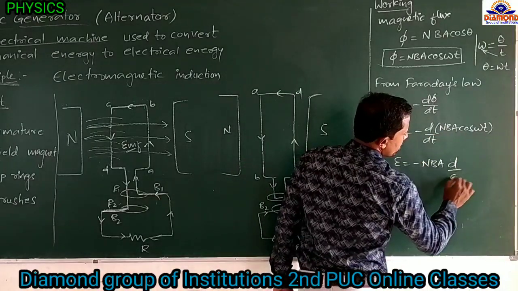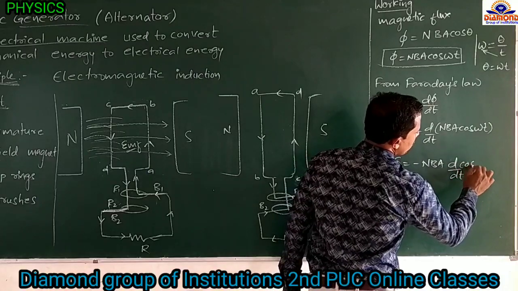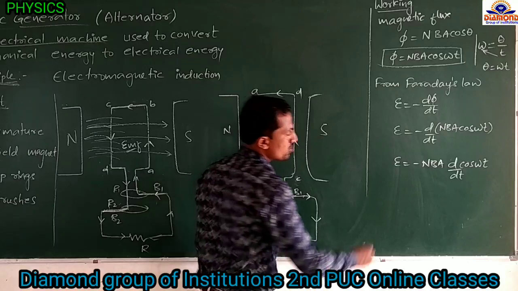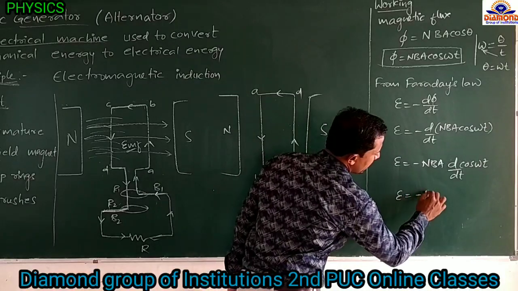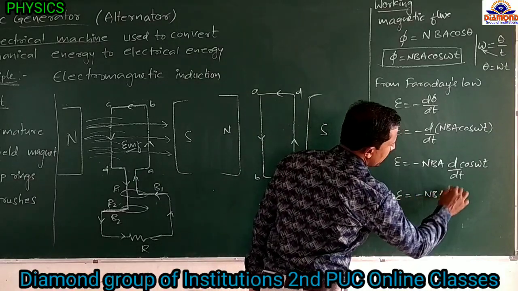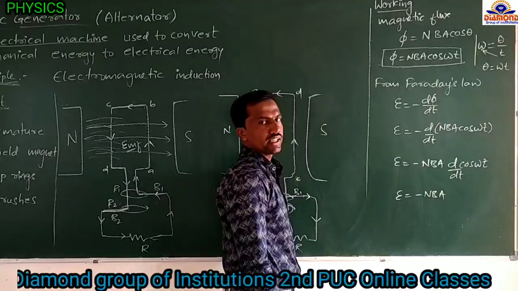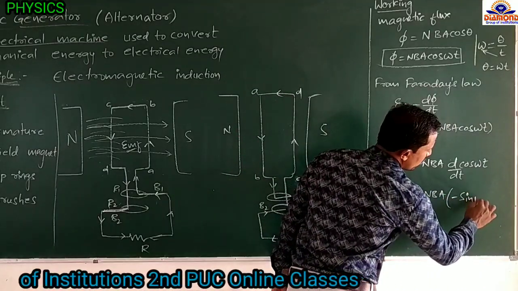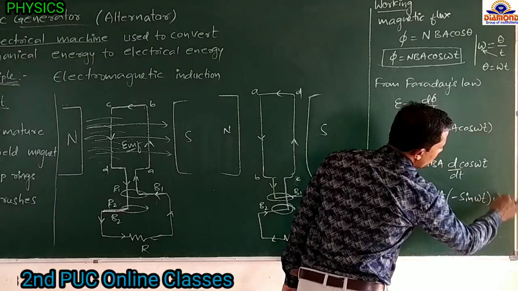Then the differentiation of cos omega t. Differentiation of cos omega t, its value is minus sin omega t into omega.